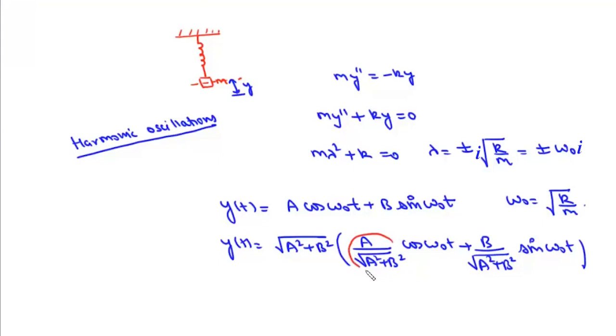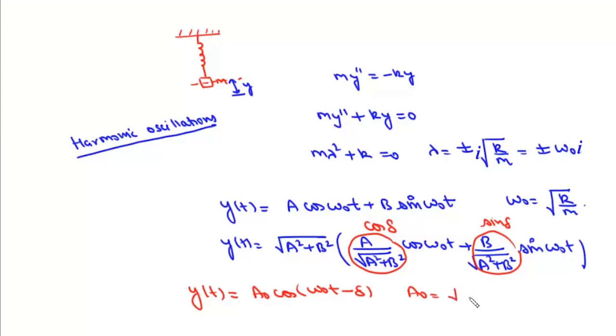Now if we take this as some cos delta and this as some sin delta, we can write this general solution as y(t) equals a naught cos omega naught t minus delta, where a naught is under root of a square plus b square, and tan delta is equal to b by a, which basically is a shifted cosine curve.